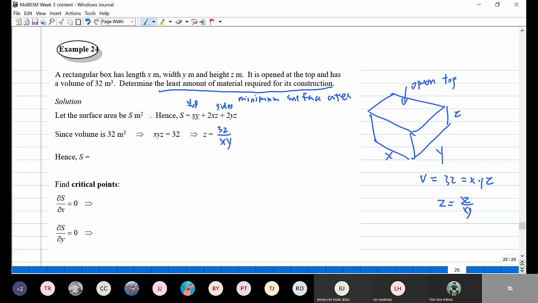So now I put the z back into the expression. So the surface area S is equal to xy plus 2xz, which is 32 over xy, and 2yz, which is 32 over xy.